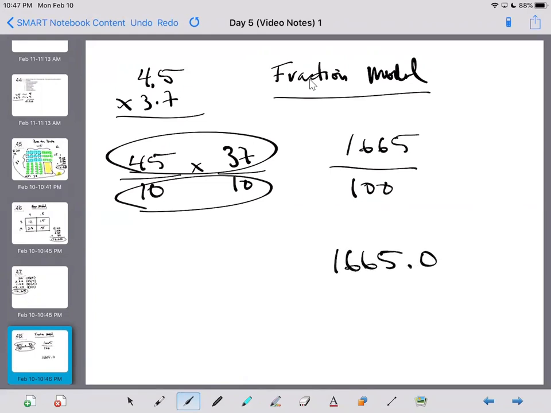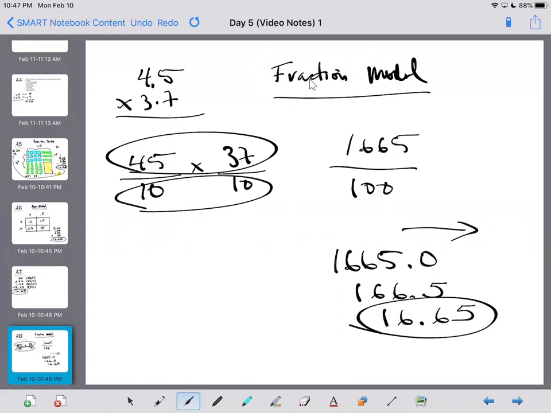Again, you're going to shift your number every time you divide by 10. So now it's 166 5/10. And then when you divide by 10 again, you're going to get 16 65 hundredths. And so that's your fraction model.